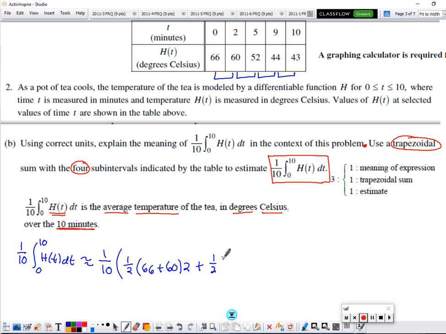Same thing for every subinterval. Third subinterval is 4 wide.